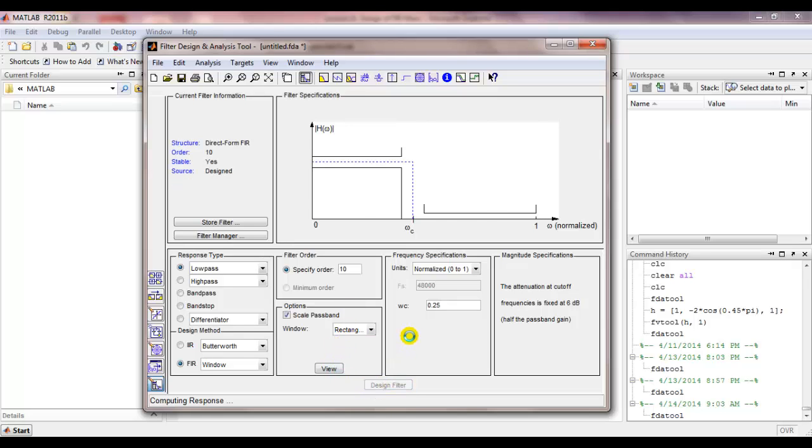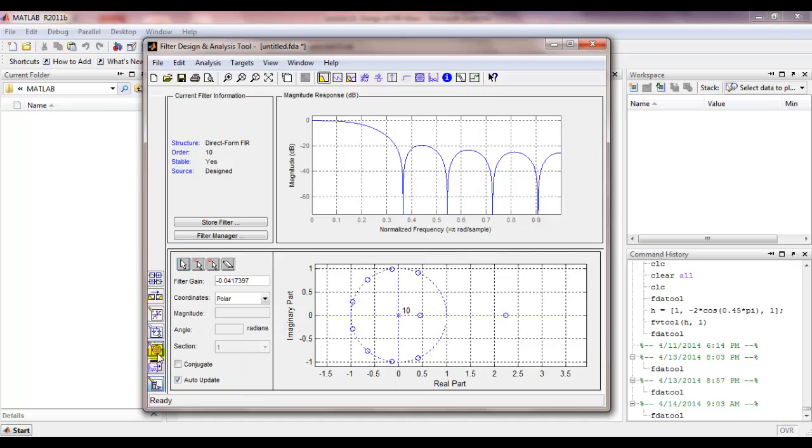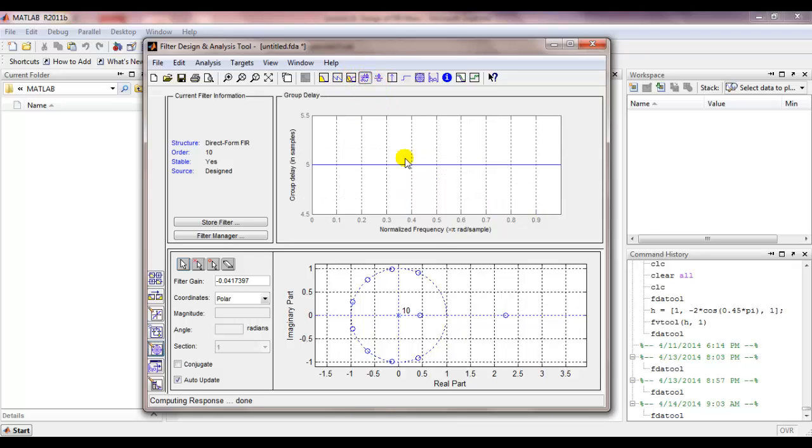So I design this low pass filter, and I get to the pole zero diagram, and this is what I see. For every 0, I see a flipped version of it, which you could either relate to the conjugation or to the linear phase. This pair, and this pair, is due to the condition of linear phase. So if I go and look at, for example, the group delay, I right now see I have a constant group delay.